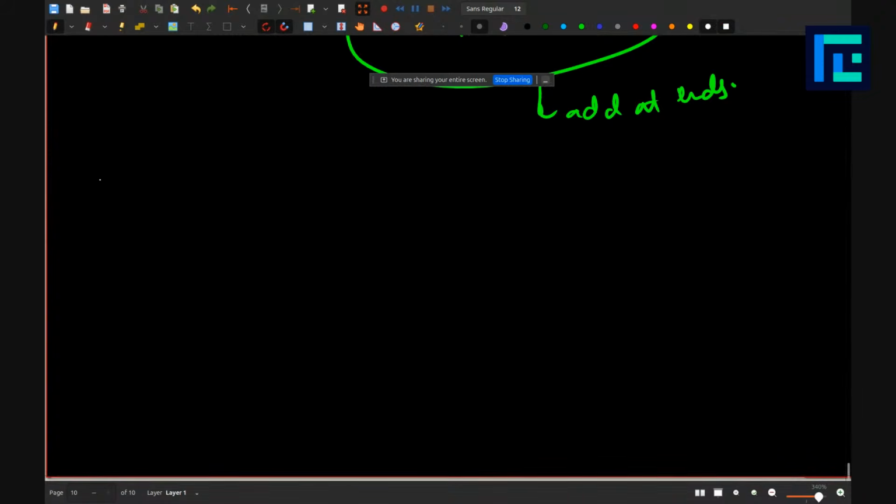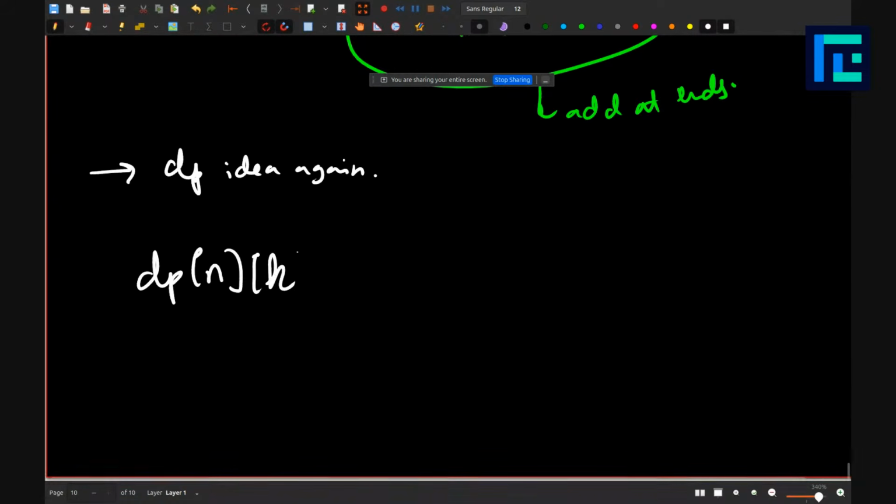Again, we can have a dp value, right? Dp idea again. If we want the count for dp of n, k, it has to have come from n minus 1, because the largest element n must have been added at some position. So either it was added at the ends or it was added in between.